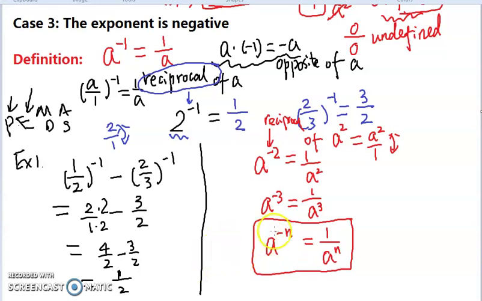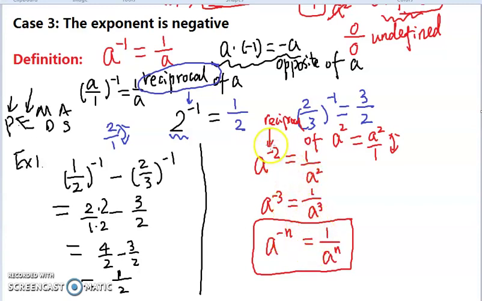Here, of course, a is positive. Well, a actually could also be negative. When we memorize it, as long as you remember the negative in the exponent means reciprocal, it's sort of like doing 2 steps.